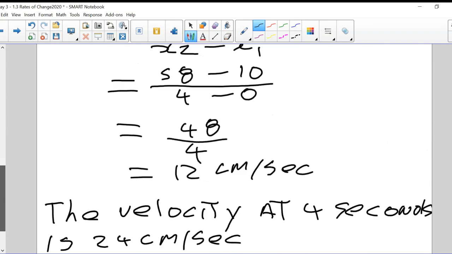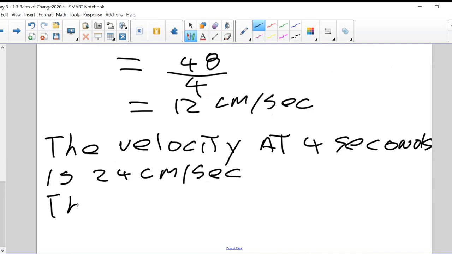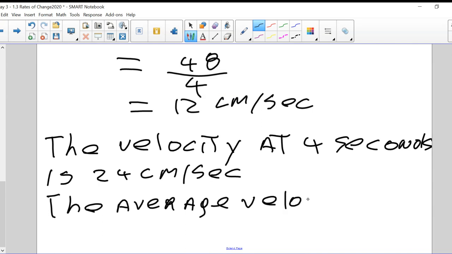The average velocity over the first 4 seconds, therefore. Is it okay if I just put 3 dots, Danny? Can you live with that? All right, 3 little dots there. We can hopefully live with just the 3 little dots to represent the therefore.